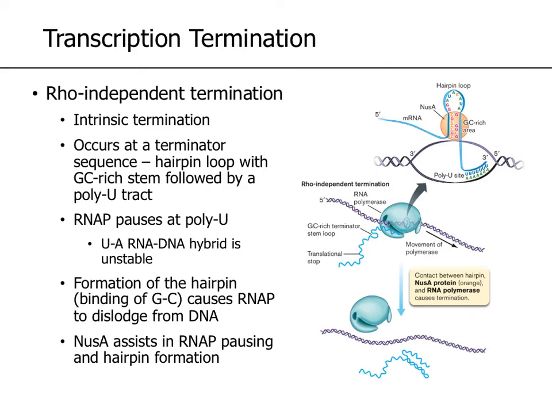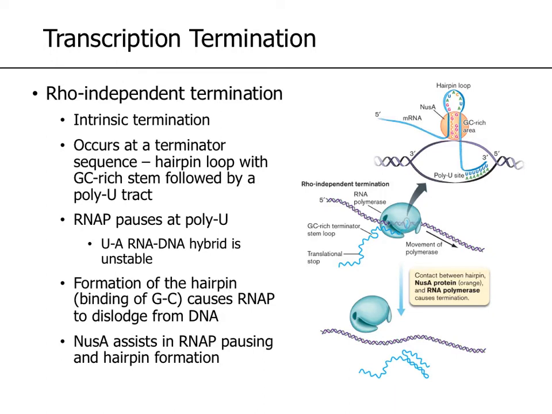Remember, the GC bonds are stronger than the UA bonds, so this is pretty unstable. You'll have this tract of U's, about 6 to 9 or 12 or some odd number of U's, so it creates this unstable region. The polymerase will actually pause here at the poly-U site also.